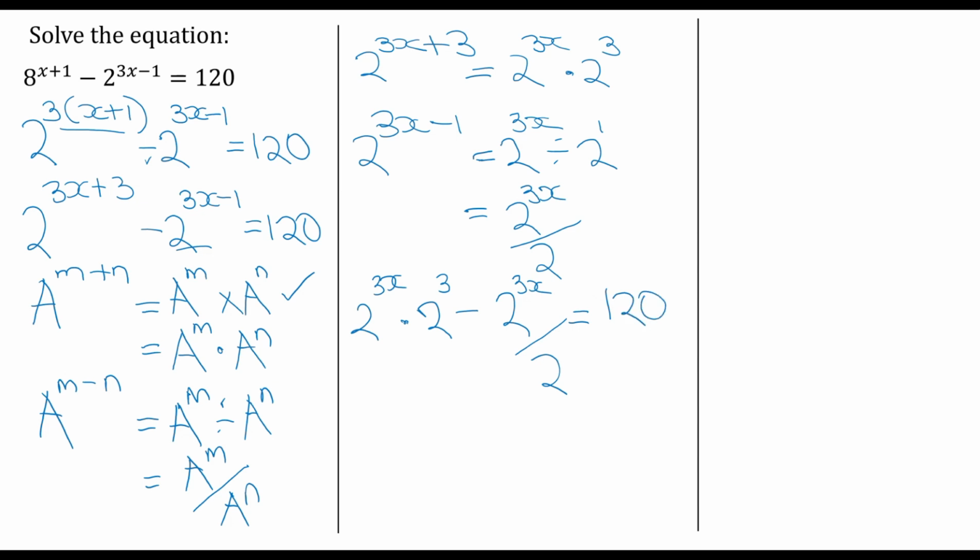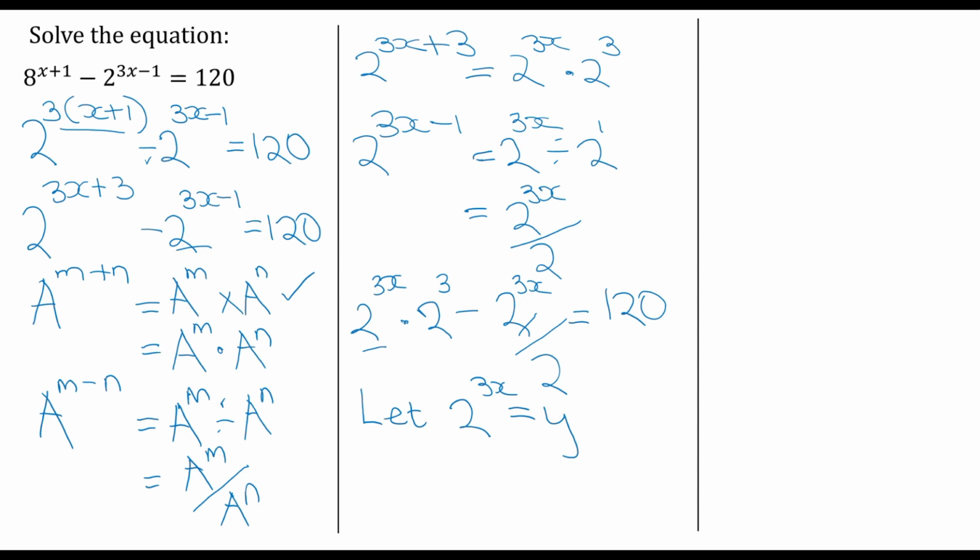120. If you look keenly at this particular problem, you'll notice that you have 2 to power 3x here and 2 to power 3x here, which is common. So we assume, or let 2 to power 3x be equal to y.